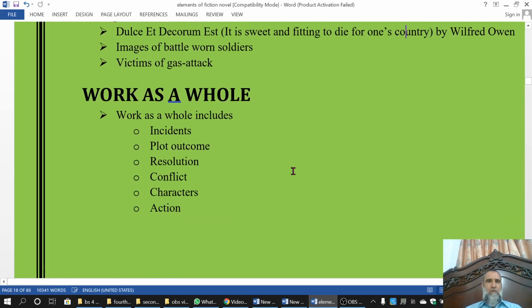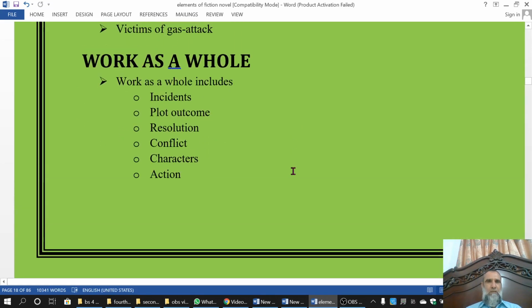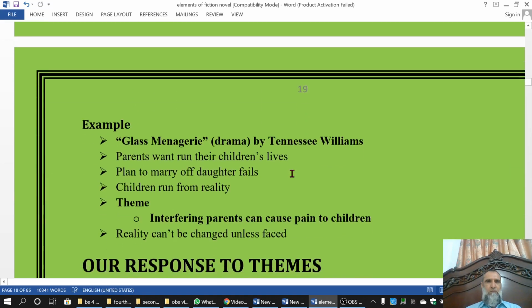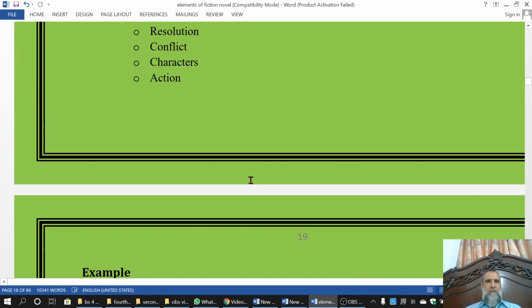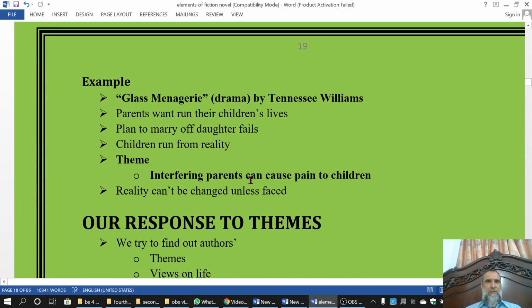Work as a whole can also lead us to the theme. Work as a whole includes incidents, plot, outcome, resolution, conflict, characters, and action. You already know about resolution. We will discuss plot also, and we have discussed it in Introduction to Drama and Introduction to Poetry in the first semester. The example here is The Glass Menagerie, a drama by Tennessee Williams.